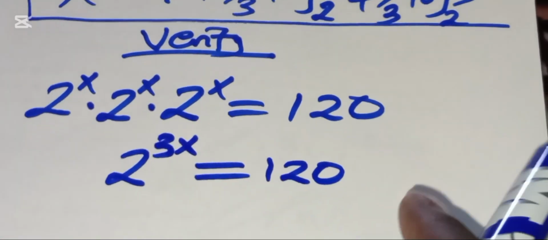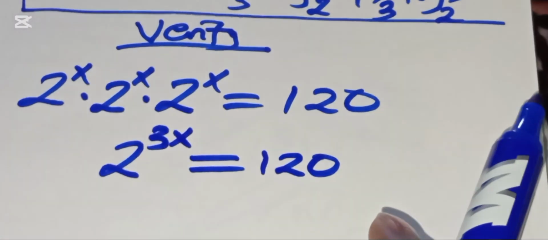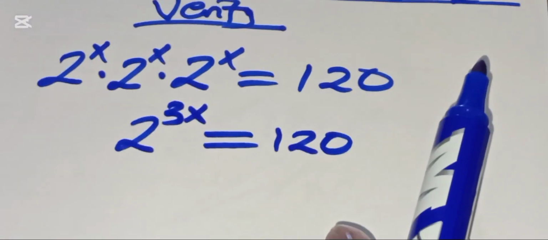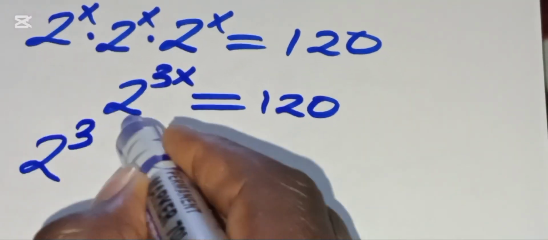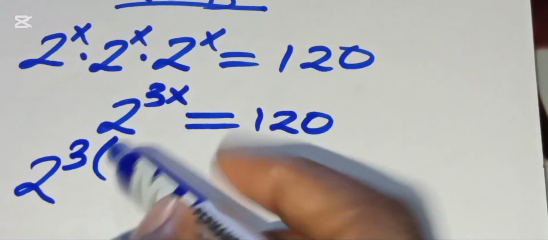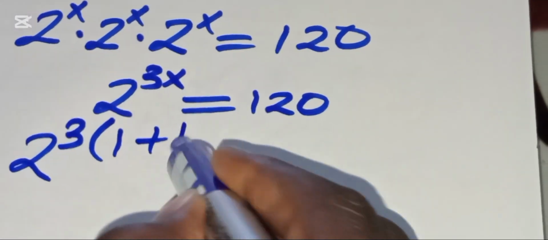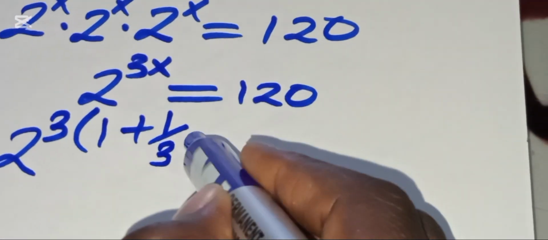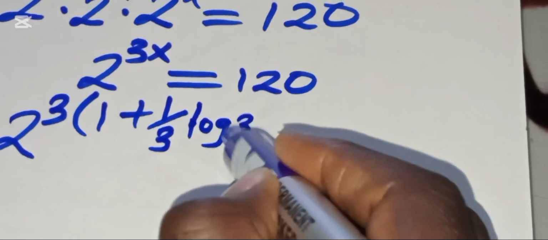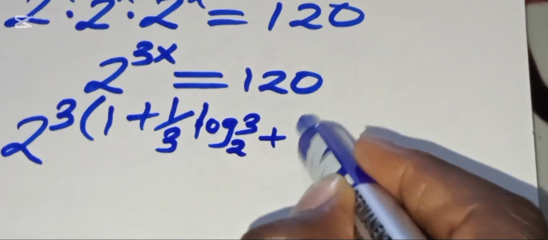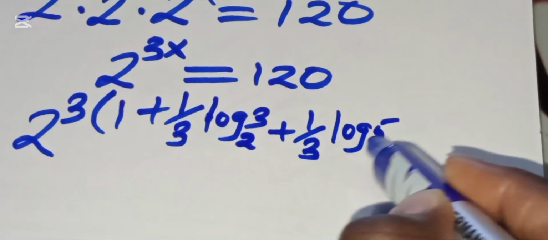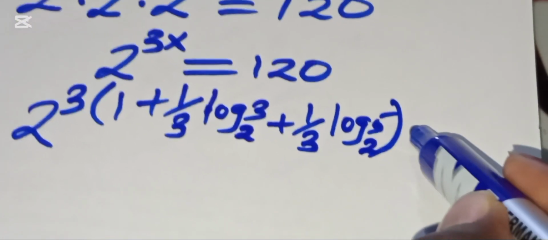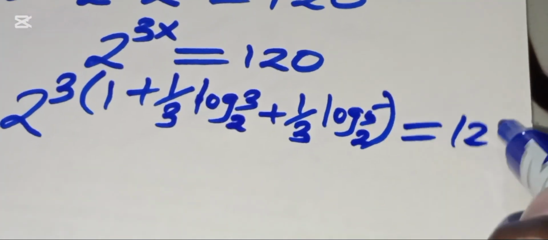Substituting the value of x, we have 2 raised to power 3 multiplied by x, which is 1 plus a third log 3 to base 2 plus a third log 5 to base 2, all of this equal to 120.